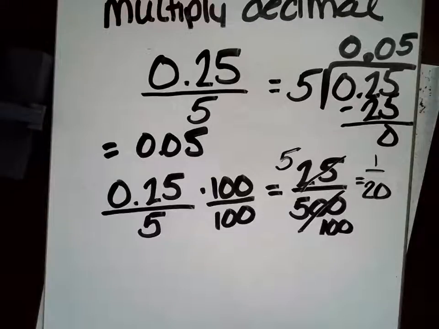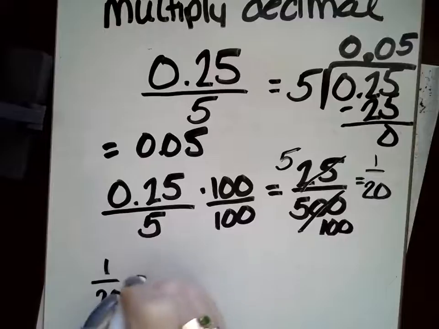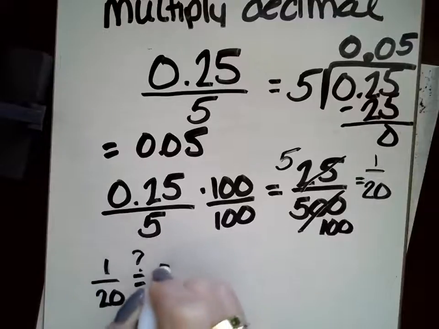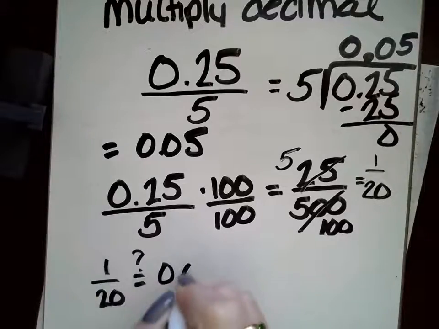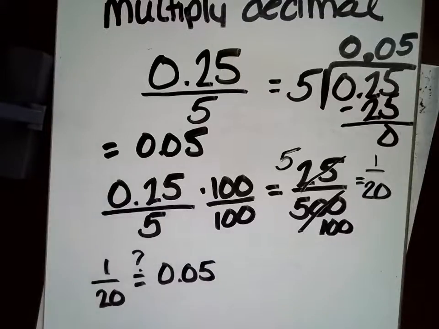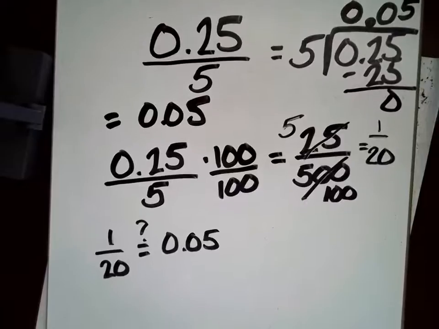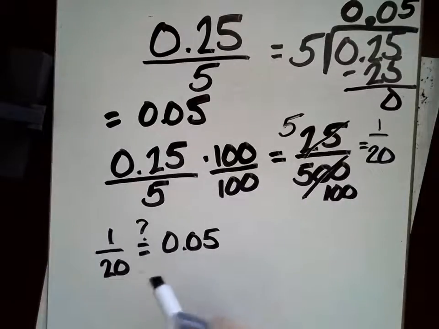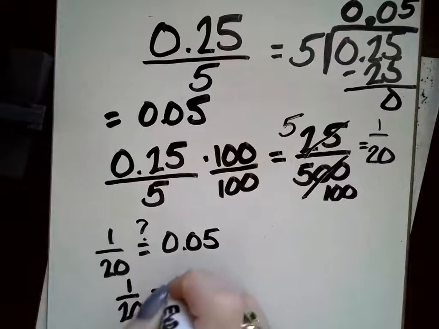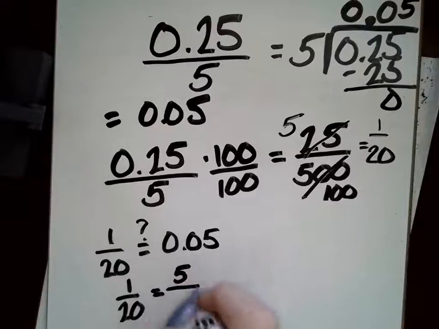So thinking, hey, 1/20th, is that really equal to 5 hundredths? So we come back and refer to our proportions, and we ask ourselves, is 1/20th equal to 5 over 100?